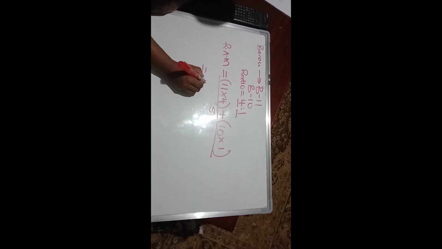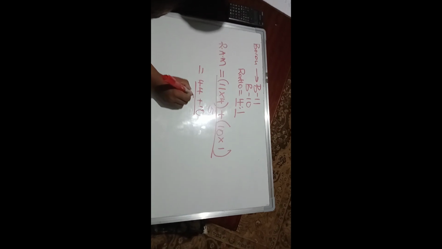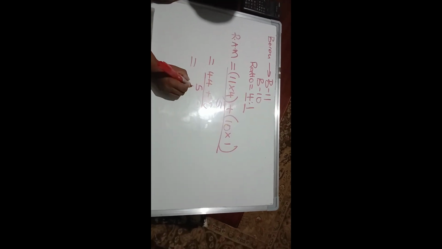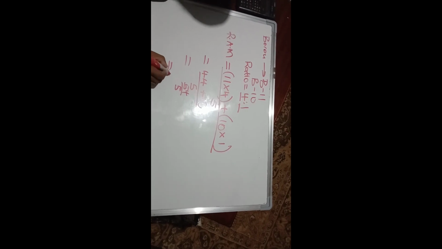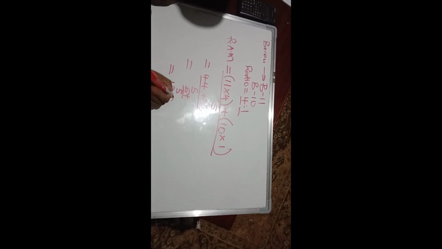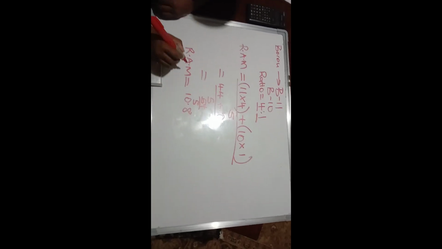So it is 44 plus 10 over 5. So this is 54 over 5, which is equal to 10.8. So the RAM of boron is 10.8.